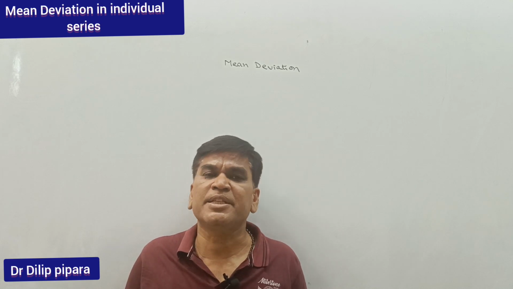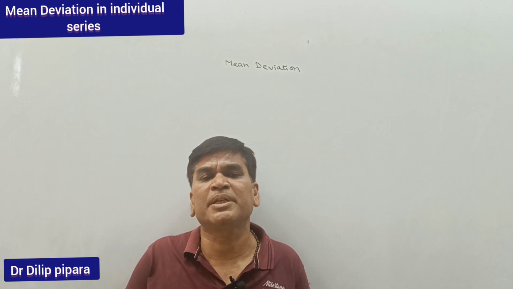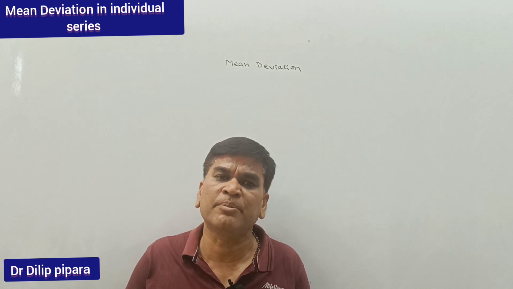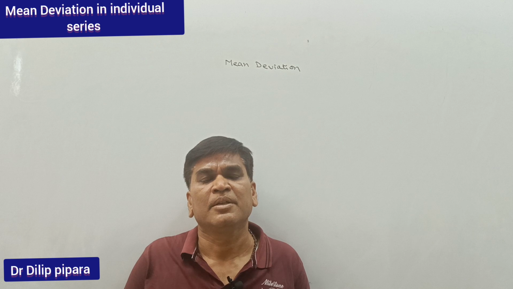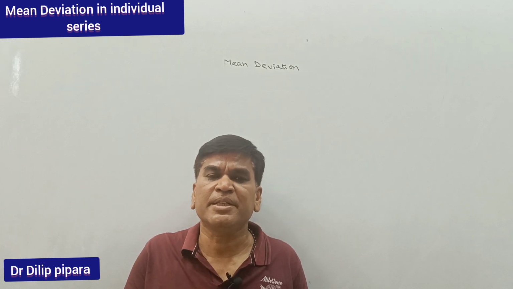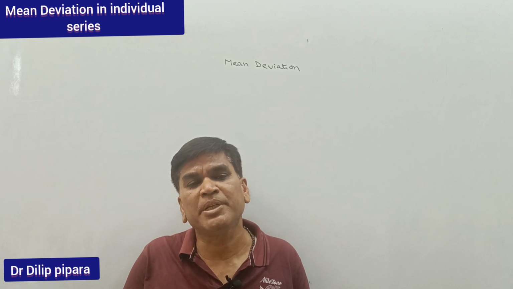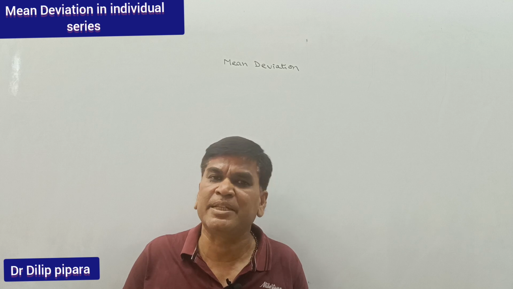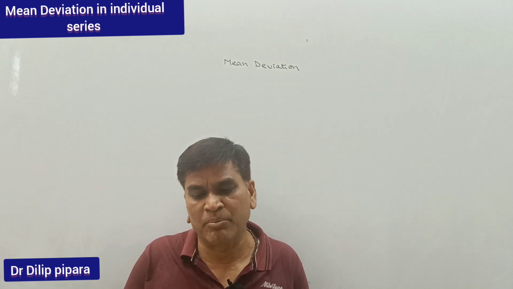Mean deviation is the arithmetic mean of the deviations taken from the mean, mode or median. So what we are saying is, mean deviation is the arithmetic mean of the sum of the deviations taken from either mean or median or mode.